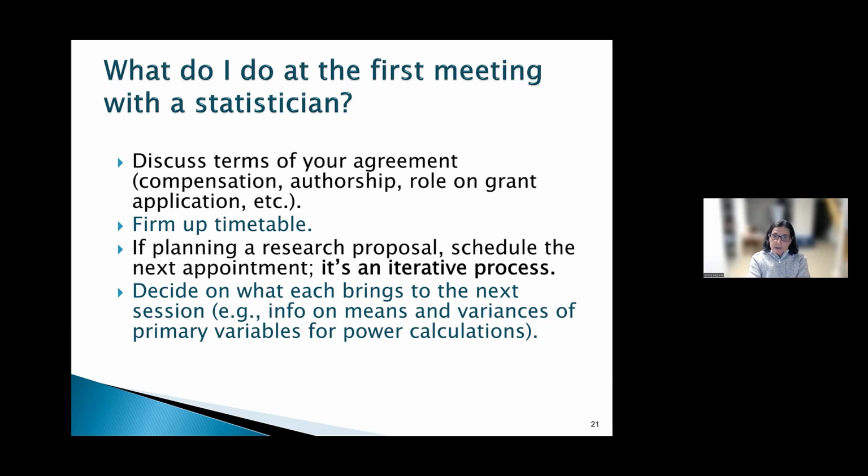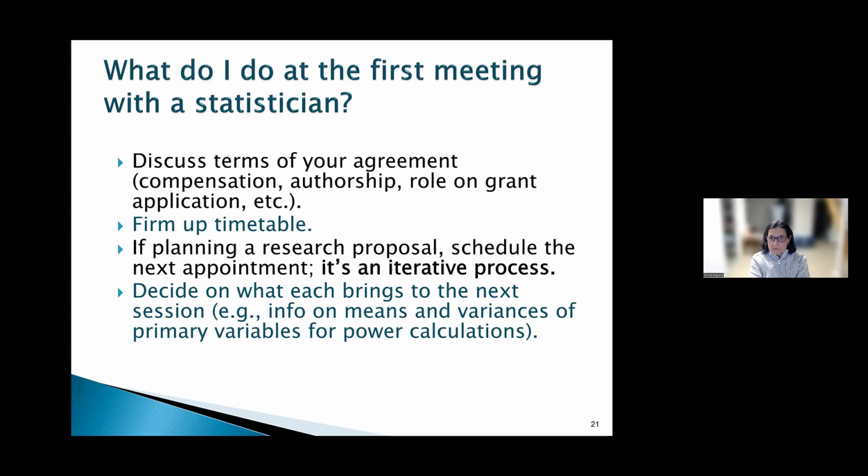Keeping in mind that this is not a process that begins and ends in one sitting. When we work on data analysis, when we work on grants, we go back and forth several times. It might need 5 or 6 different meetings before we get to really even start doing the data analysis.